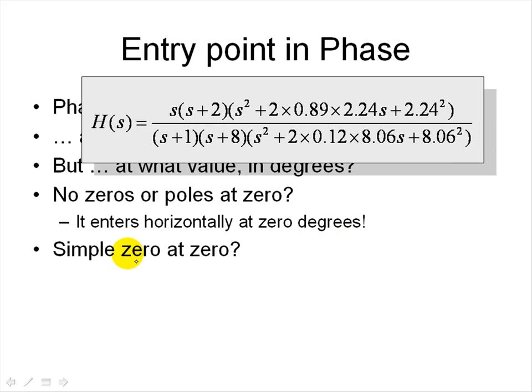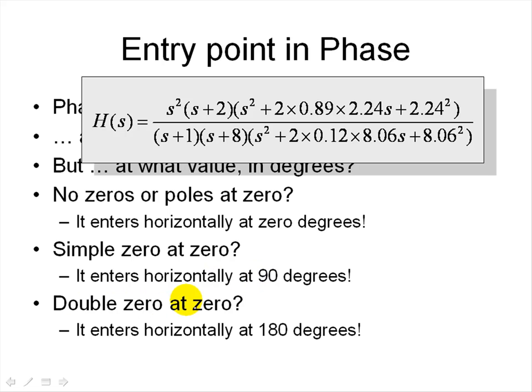If there is a simple zero at 0 as witnessed by this solitary s in the numerator, the phase diagram enters again horizontally but at a value of 90 degrees. There could be a double zero at 0. See the s squared in the numerator? The phase enters as a horizontal at 180 degrees.